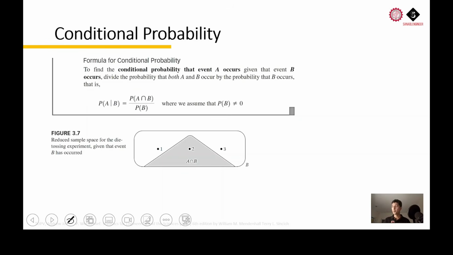In other words, we are not interested anymore in the whole sample space, or in the universe. That is because we are given an information, or we have an updated data or information about something. That is why we can reduce our sample space from initially a bigger sample space to a relatively smaller sample space. To illustrate what I mean, let's have a look at figure 3.7.